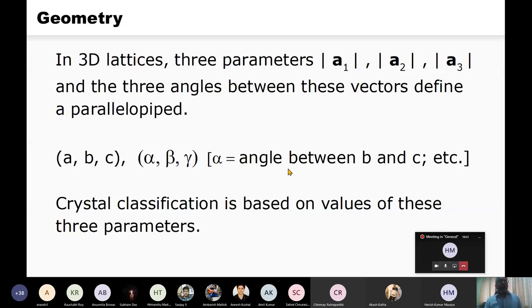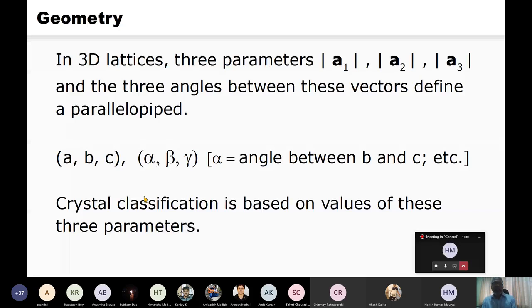Just note this, alpha is the angle between b and c. That is, in other words, alpha is the angle associated with a, not containing a. And similarly, beta is the angle between the axes a and c. And similarly, gamma is the angle between axes a and b. So crystal classification again is based on the values of these three parameters.